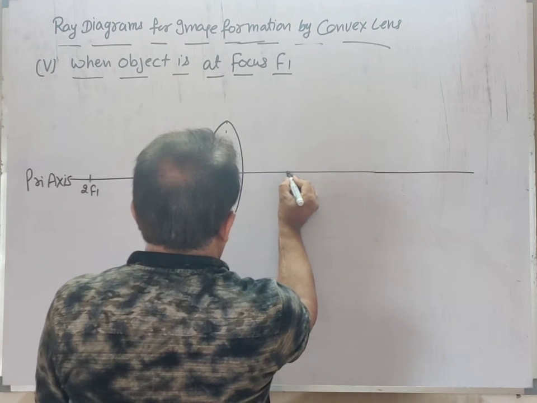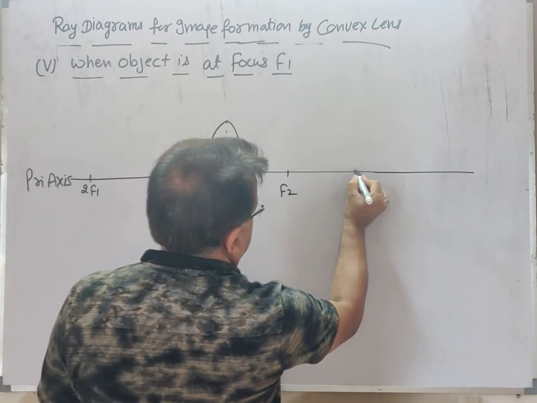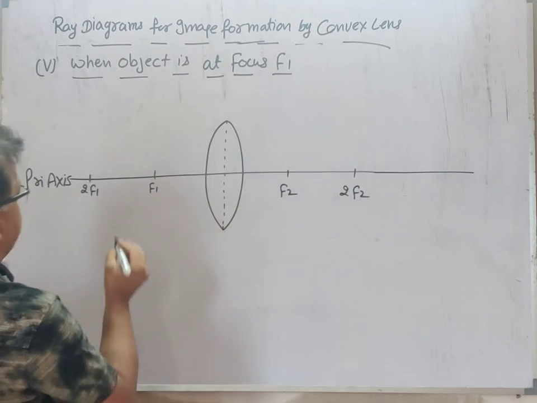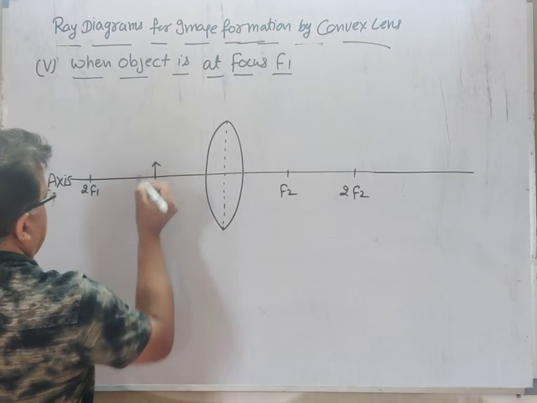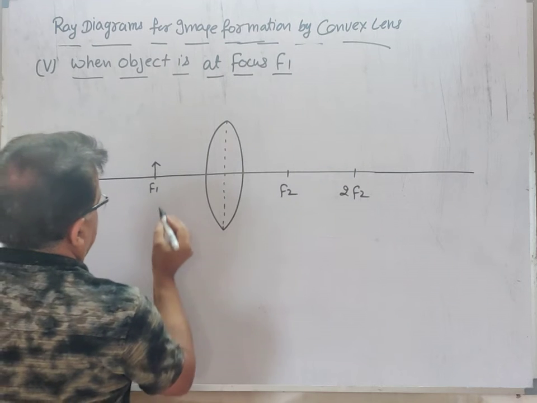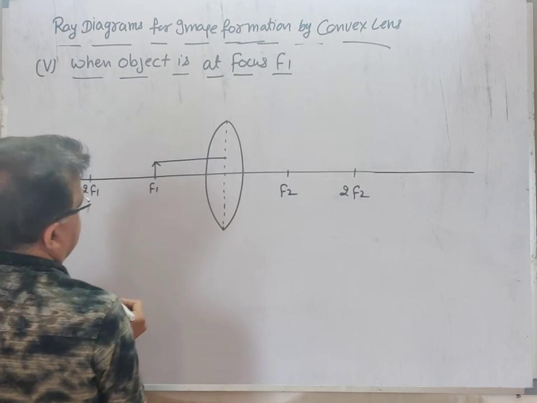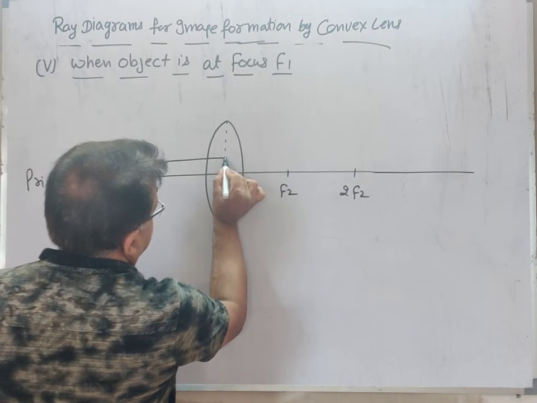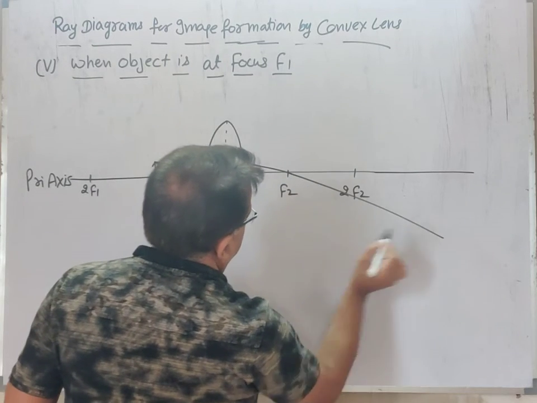It is focus f2, and it is 2f2. Now the object is placed at f1. As in all cases, the incident ray parallel to the axis will strike and be refracted through the focus on the other side.